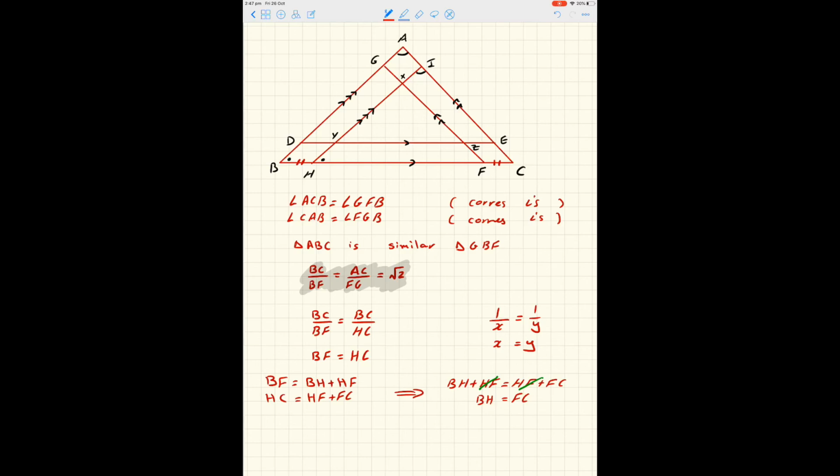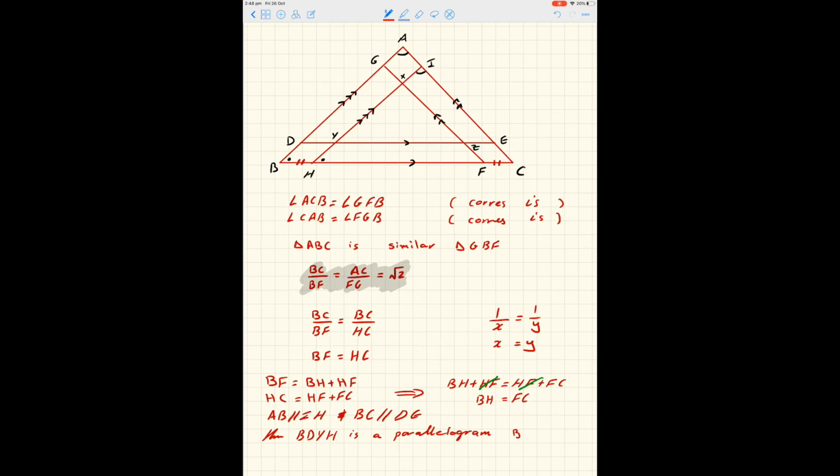So I'm going to say AB is parallel to IH and BC parallel to DE. Okay? Therefore, BDYH is a parallelogram. Okay?